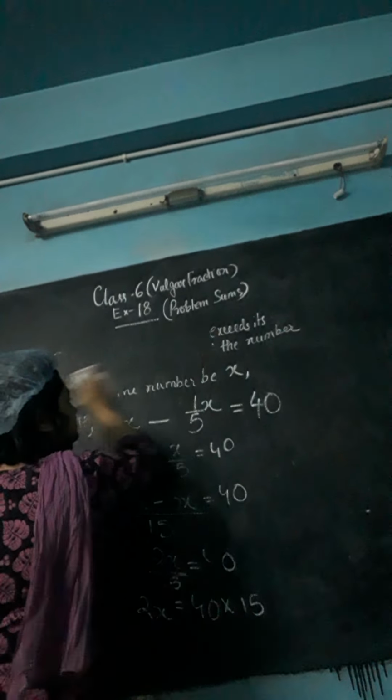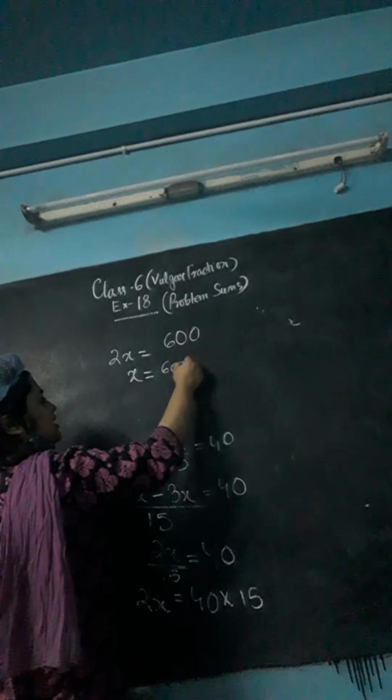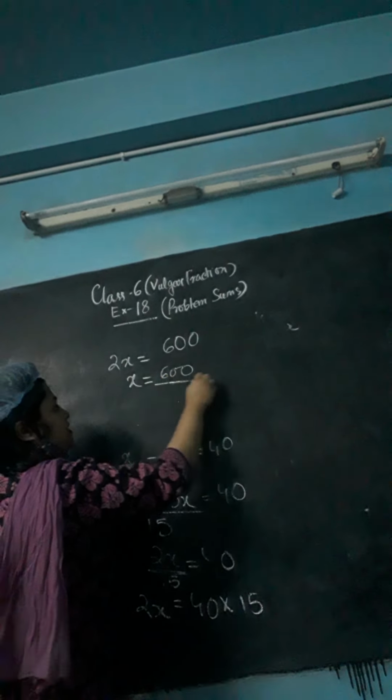So we have to shift this 2 also to the other side, because at the end we keep only the unknown on one side, since we have to find it. So 2 is multiplied with x. When it changes side, it will be divided. So 600 is divided by 2, which is 300.